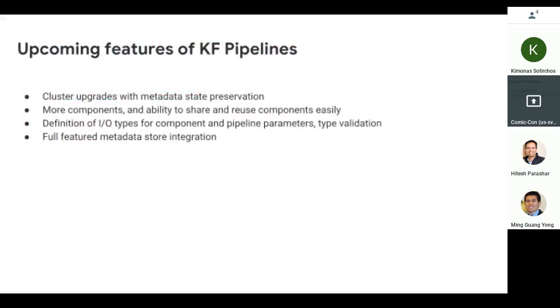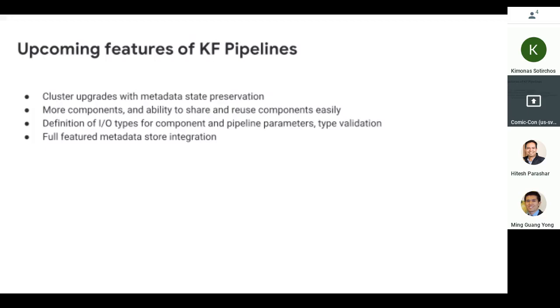A few upcoming features of Kubeflow Pipelines in the next quarter or so: the first one, cluster upgrades, has already been released. That's a feature that allows you to operate the cluster in a long-running mode, such that whenever there's a new version of the pipeline services available, you don't have to tear down and rebuild the cluster.